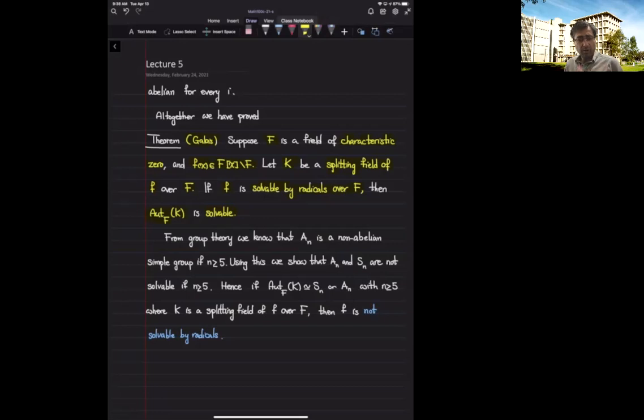In fact, we argue certain polynomials of degree 5 in Q bracket X have this property that their group of symmetries is going to be isomorphic to S sub 5, which is not a solvable group, from which we deduce that there are degree 5 polynomials that are not solvable by radicals. So we will continue in the next lecture.